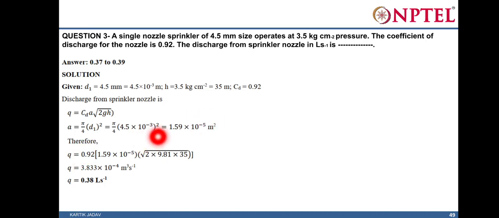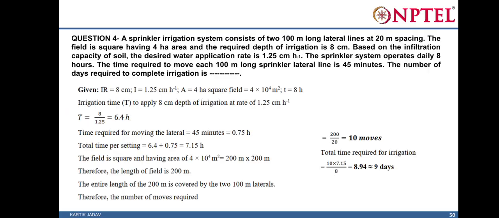Why we took 35 here? Because once we convert this kg per centimeter square into meter, we need to multiply it by 10. Okay, because 1 kg per centimeter square pressure is equivalent to 10 meter. So final answer is 0.38 liter per second.